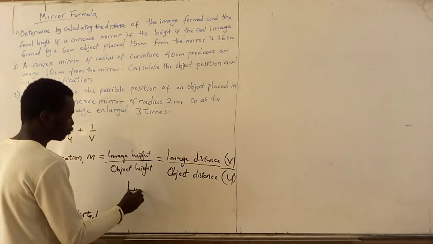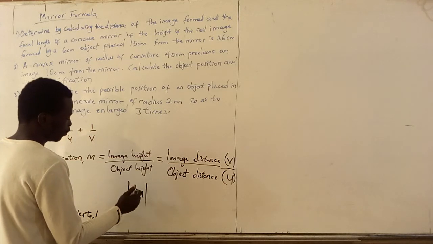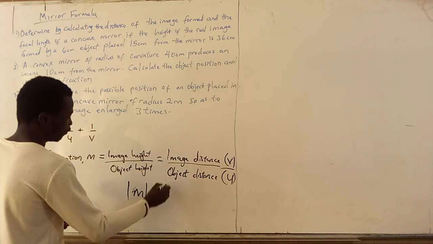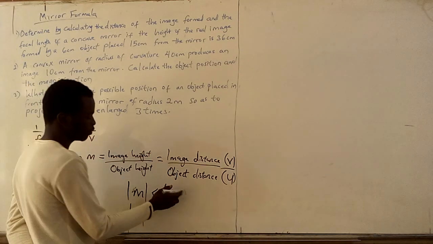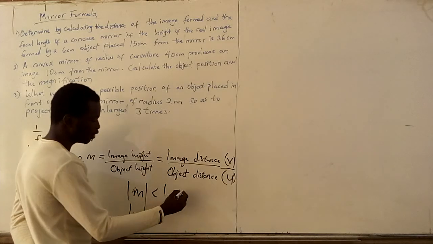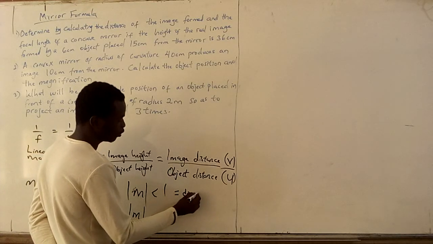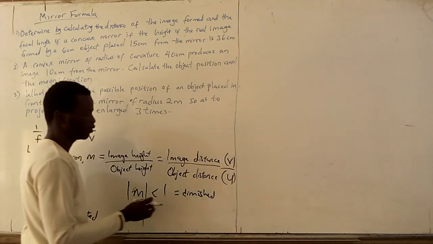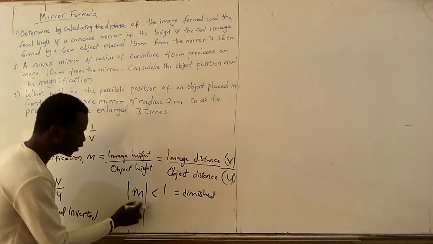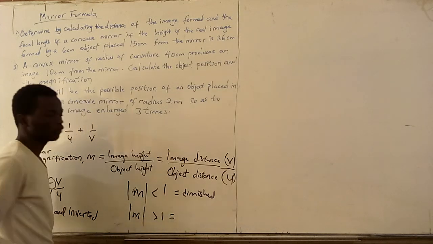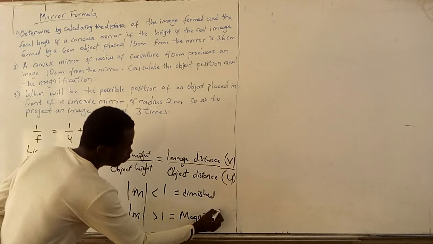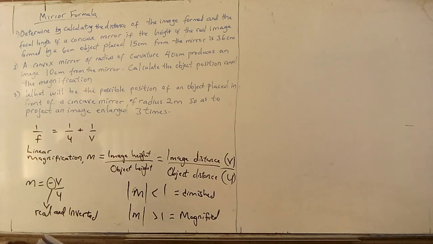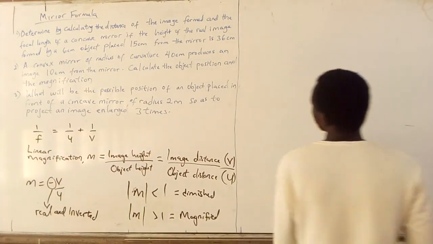If the absolute value of m is less than 1, the image is said to be diminished, meaning it is smaller than the object. If m is greater than 1, we say the image is magnified. We are going to use this, as well as the sign convention, where we use real is positive only in our calculations.